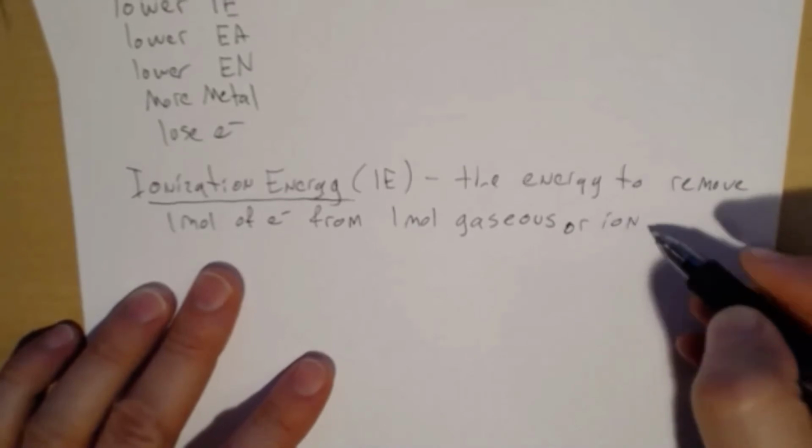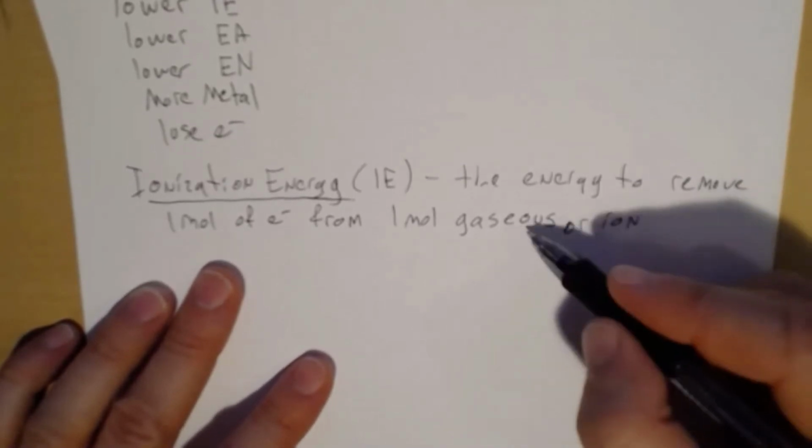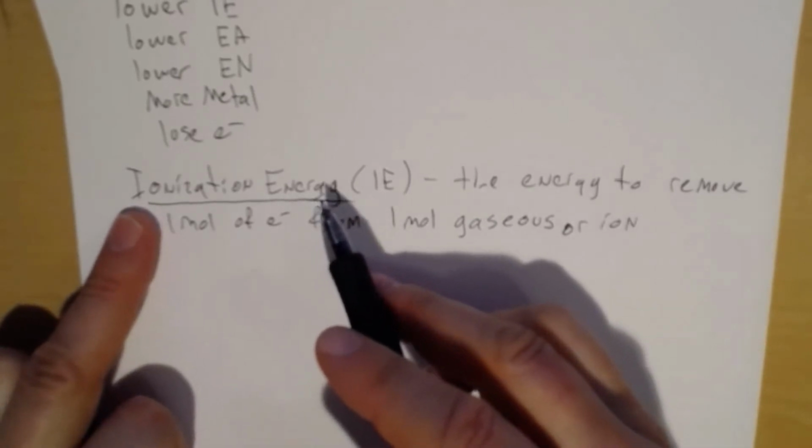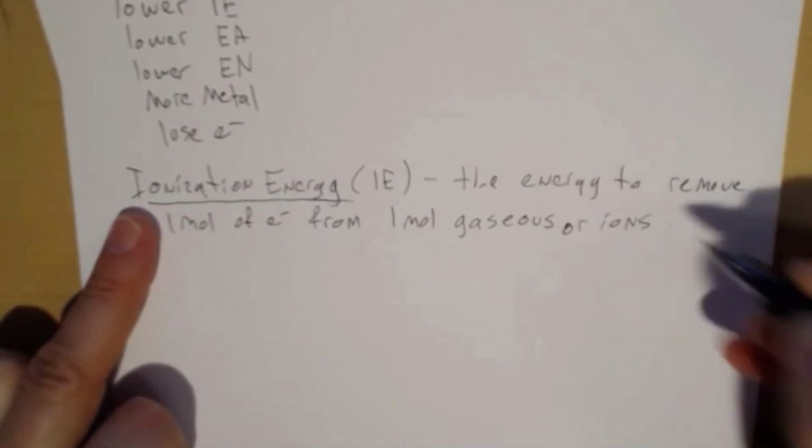So I heat an element up till it's a gas, and then I calculate how much energy it takes to pluck 1 electron off each atom. So we'll look at that.